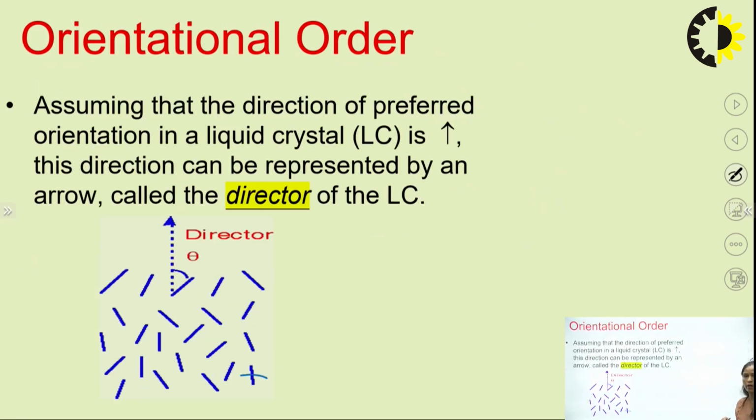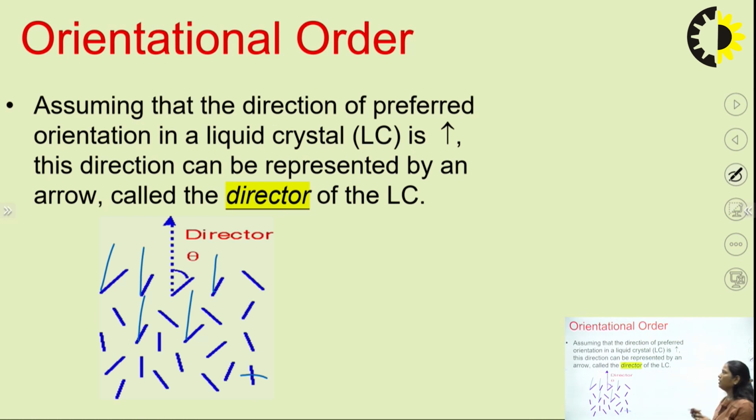Now coming to the point which is a very important aspect of liquid crystal, that is orientational order. If we assume that all molecules are oriented, what does it mean? It means that all molecules are directed towards something. So wherever it is directed, if we look into this diagram, the average number of molecules are oriented like this.